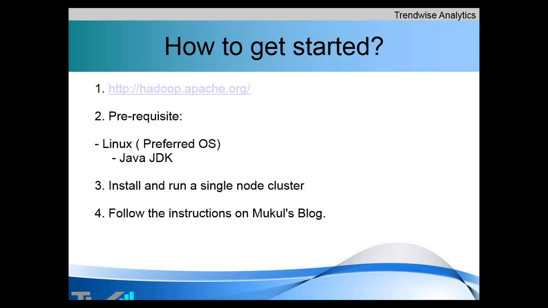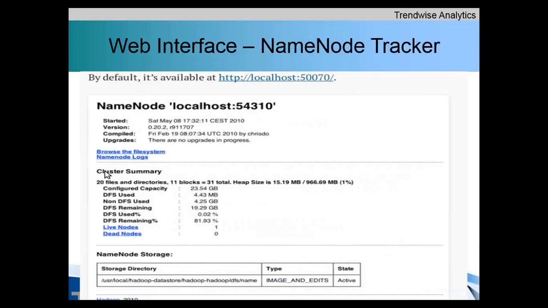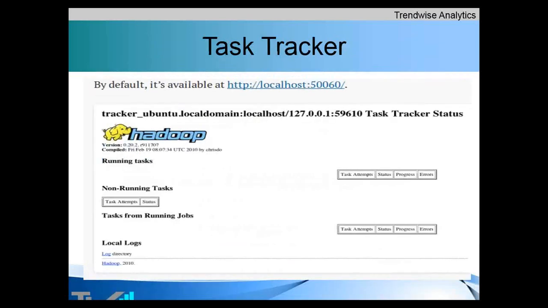The main starting point to get started is hadoop.apache.org, and once you go there, all the information is available on how to get started, how to install, and so on and so forth. So I will skip these few slides so that we have some more time at the end for question and answers.